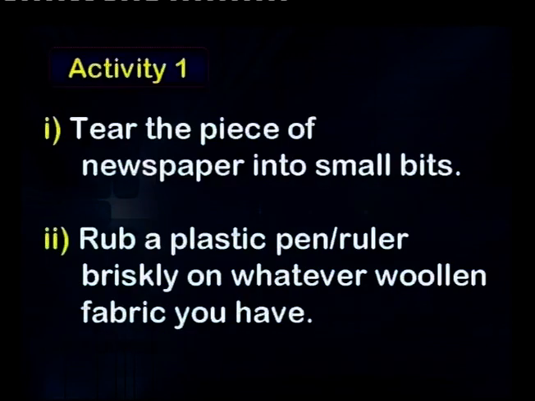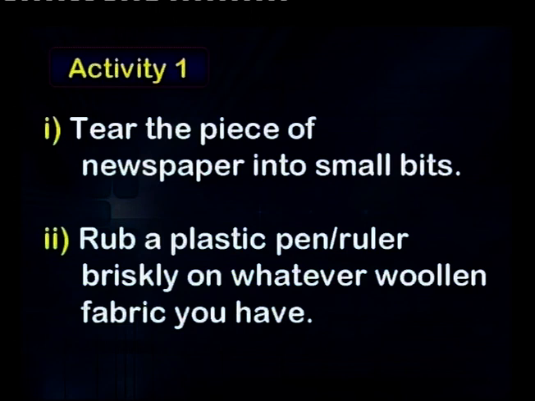All right, activity number one. You will tear the pieces of newspaper into small bits, which has been done for you already. You will rub a plastic pen or a ruler briskly on whatever woolen fabric you have. So we have some fabrics there, pieces of clothes there. You will rub together with a ruler.